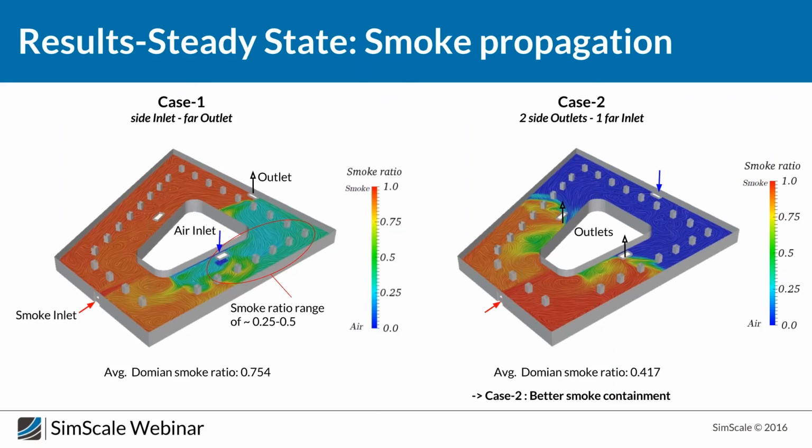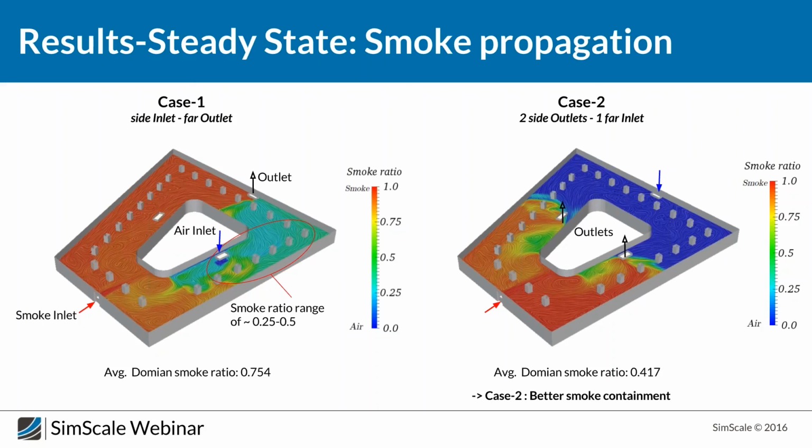So 2 very important factors. First, the distribution. In this enhanced case, we have a distribution that gives maybe close to half of the area of the domain clean air.